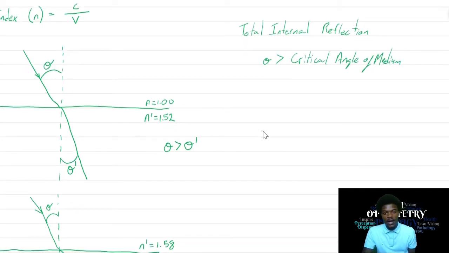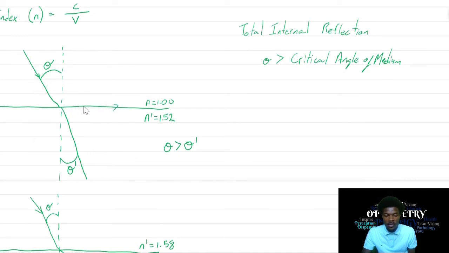Okay, so let's look at an example for this. Let's just take the example of the 1.52, which is the crown glass. So to find the critical angle of crown glass, what we need to do is set the angle of refraction to 90 degrees. 90 degrees would be on this plane here.